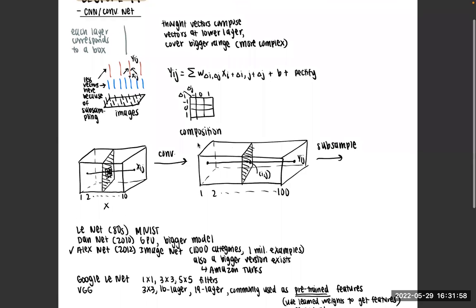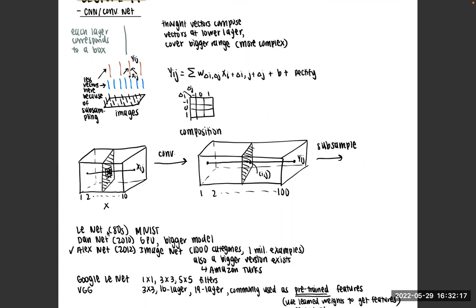So LeCun was the inventor of the convolutional neural network, and the network he invented is called LeNet. Currently, convolutional neural networks still adopt a similar architecture.